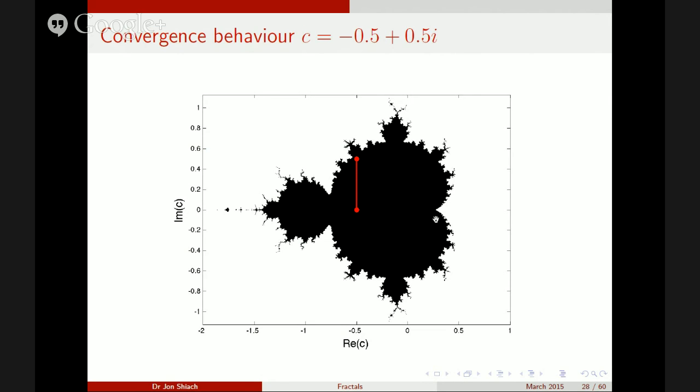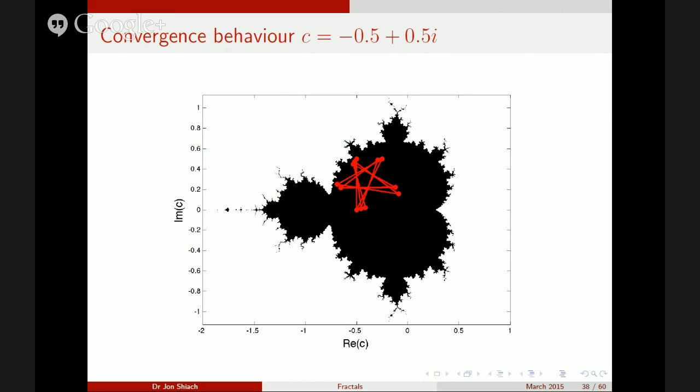Okay, so using that Z value, square it, add C, we go up to there. And if I keep doing this, all I'm doing is just going through the iteration. We can see that it always remains within the Mandelbrot set. So for any point which is drawn in black, the same thing will happen. That will always remain modulus less than 2.